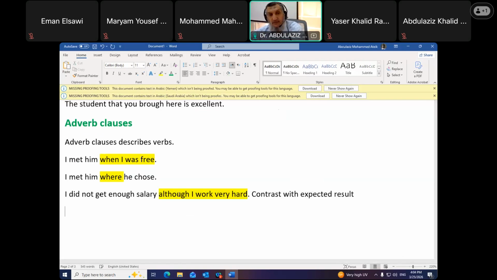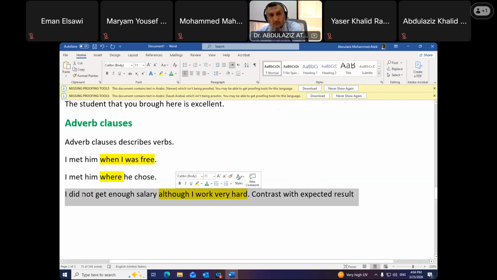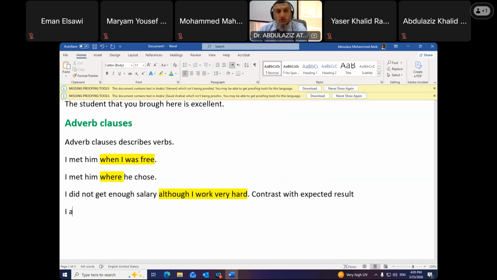Look at this one. I am tall, whereas or while, yes, same meaning, he is taller. This is contrast, which is expected.